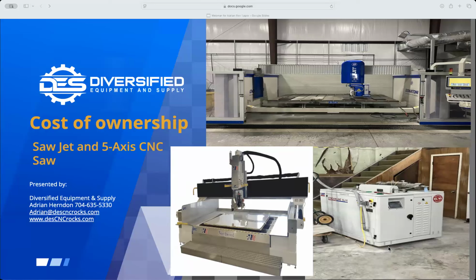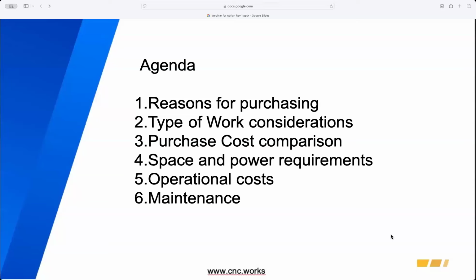Well, great. Why don't we move to the agenda slide and we can talk about the things that you're going to cover today. One of the main things would be the reason for purchasing the machine, be it lack of labor, tired of redoing stuff, and also, like it says, the type of work to consider, which piece of equipment would work best for your needs.